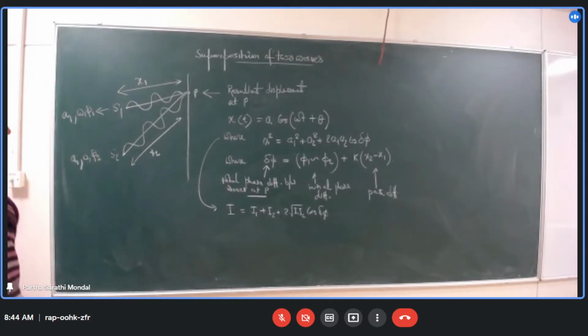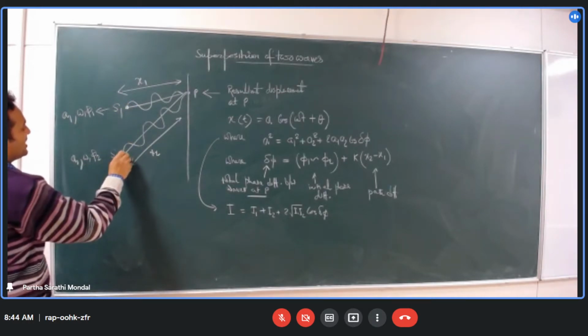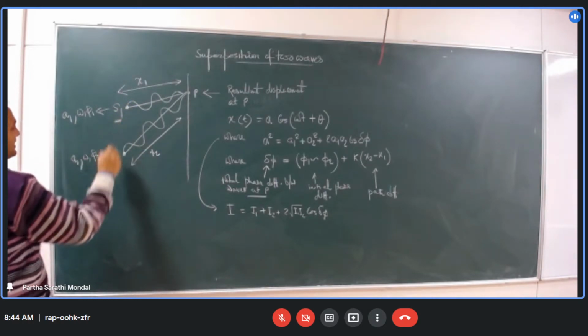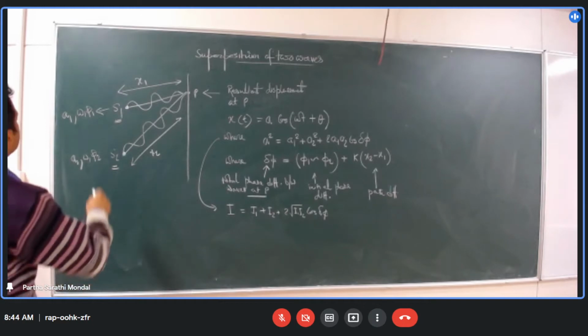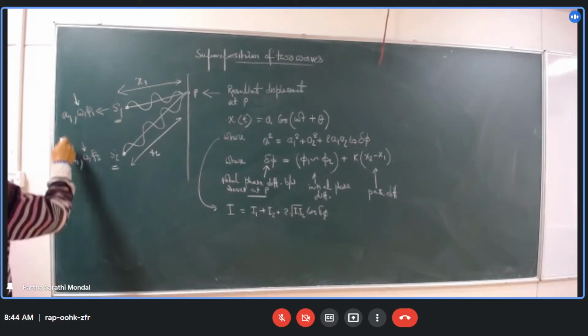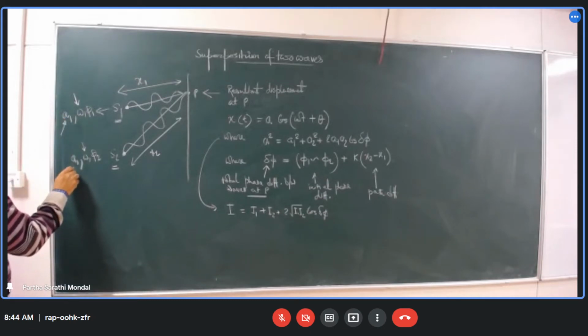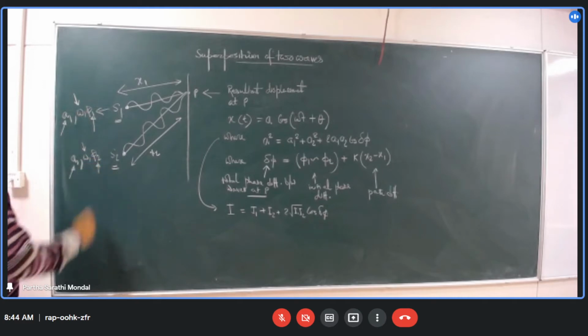If you have two waves which come out from two sources S1 and S2, they have the same frequency, omega is the same, but they have different amplitudes, A1 and A2, and their initial phases are also different, phi 1 and phi 2.